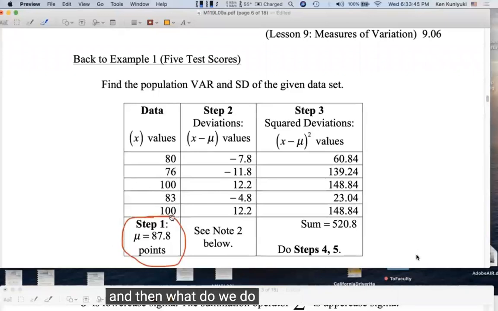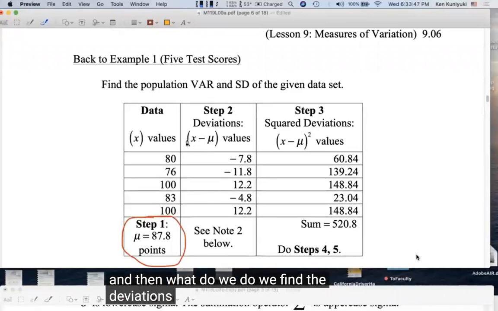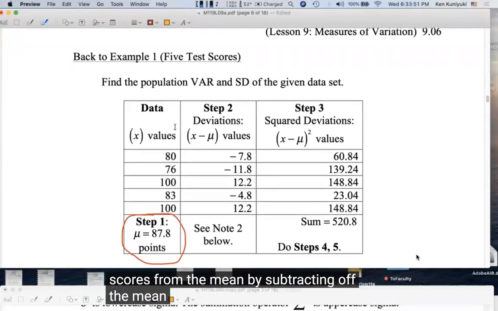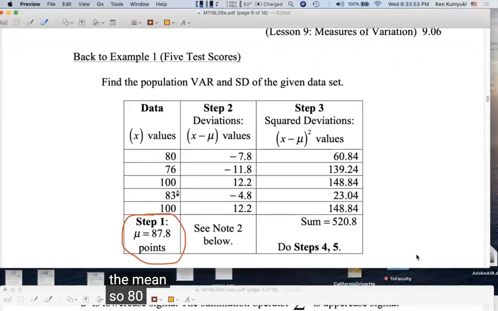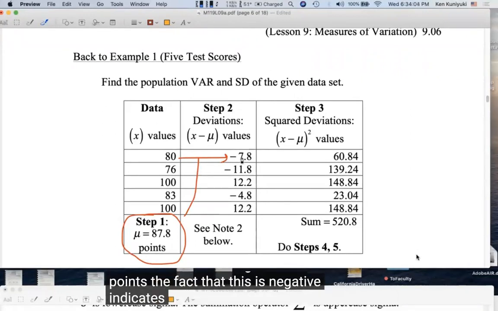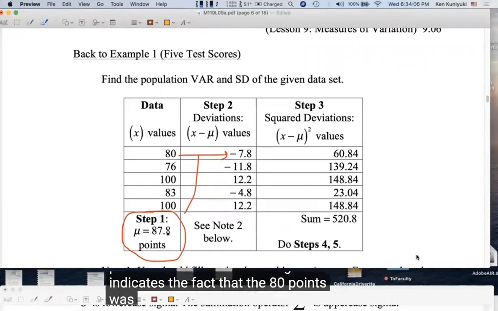And then we find the deviations of these scores from the mean by subtracting off the mean. So 80 minus 87.8, we're subtracting off the 87.8 here. That's negative 7.8 points. The fact that this is negative indicates that the 80 points was below the mean.